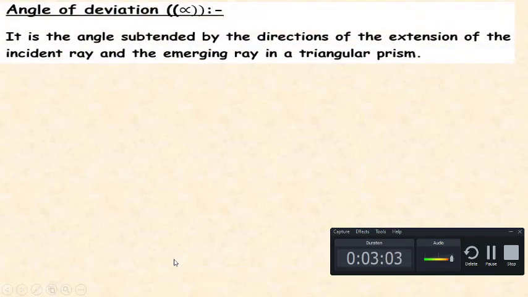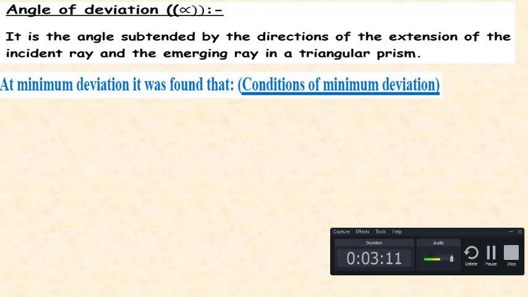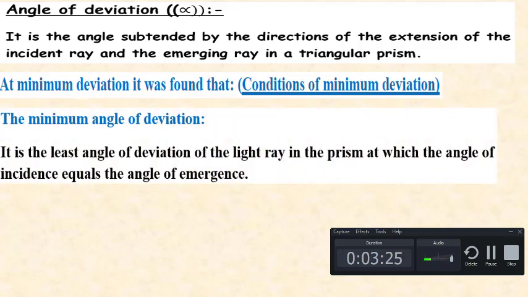Angle of deviation alpha, as we said, is the angle between the extension of the incident ray and the emergent ray in the triangular glass prism. Now we have to move to another point, which is minimum deviation. A triangular glass prism or normal prism can be put in minimum deviation under one condition, which is that the angle of emergence equals the angle of incidence.